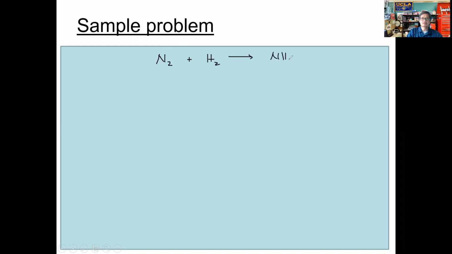So that's the reaction itself. The balanced equation then is 1, 3, 2: 1 nitrogen, 3 hydrogens, and 2 ammonias. That was from the previous; we've been using this reaction for quite a bit.